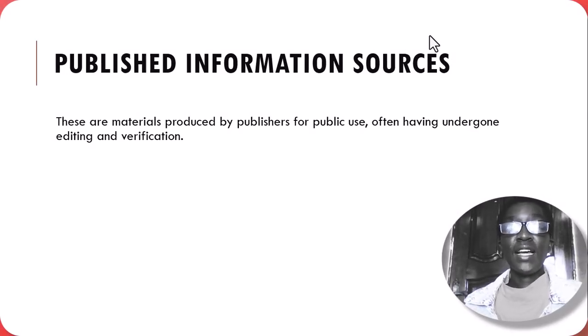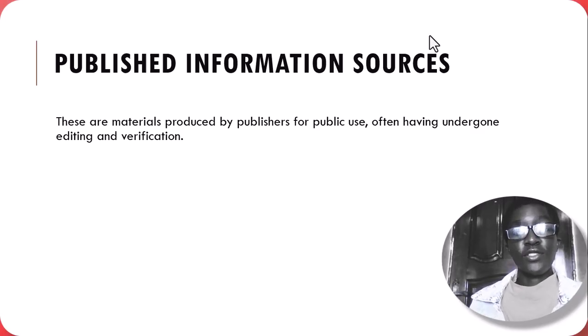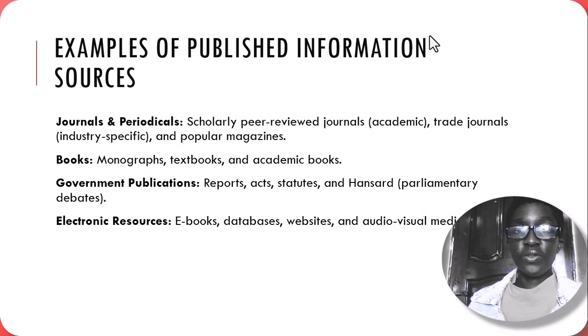So let's look at the other type of information source, which is published information sources. These are materials produced by publishers for public use, often having undergone editing and verification. And the examples of these sources are journals and periodicals.